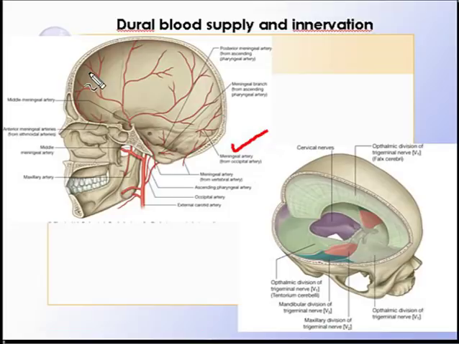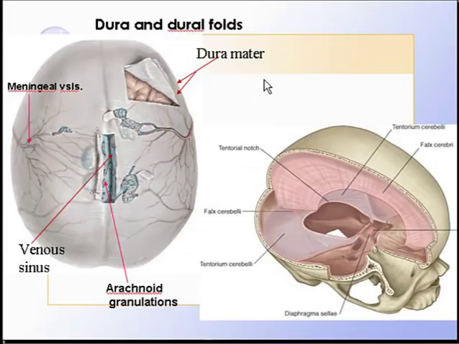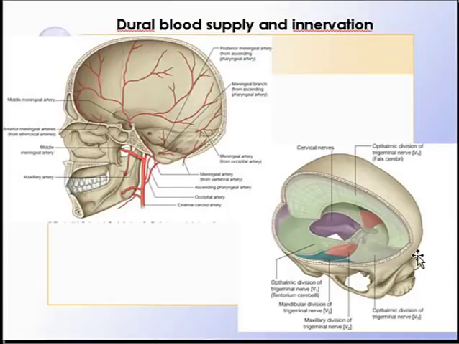So let's go back to the previous slide, and here you can see these meningeal, this is again part of the middle meningeal artery, or it could be the vein, you can't really tell from this image. So this middle meningeal artery is accompanied by the middle meningeal vein, so they form these grooves inside, and they supply most of the dura.